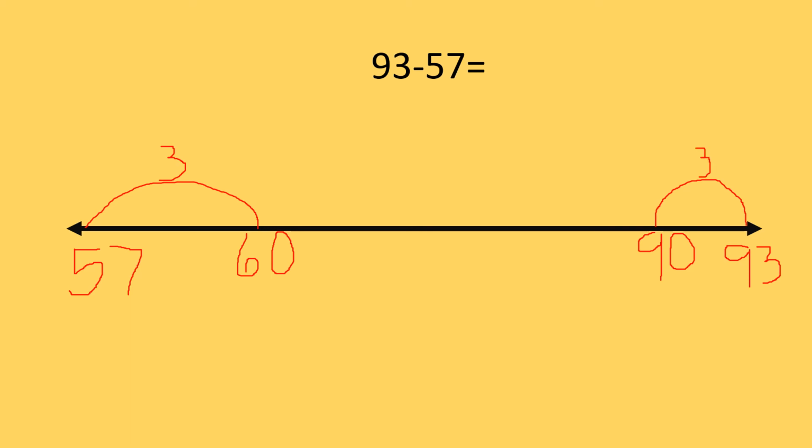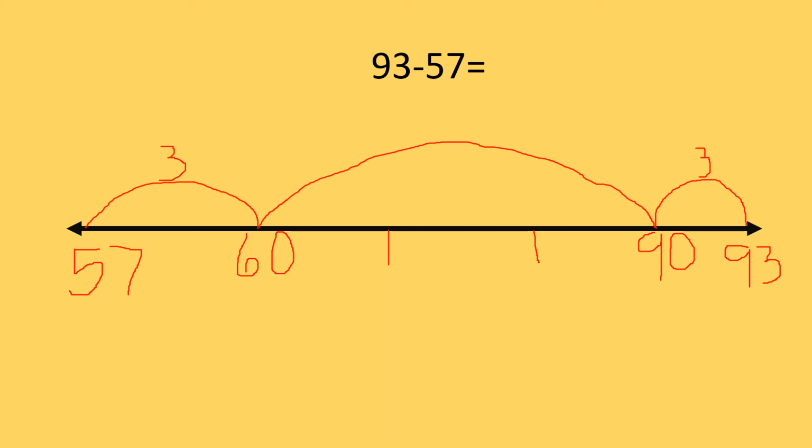So now I have my big jump in the middle from 60 to 90. And I ask myself, how many 10s are between 60 and 90? Well, 60 to 70 is 1 10. 70 to 80 is 2 10s. 80 to 90 is 3 10s.